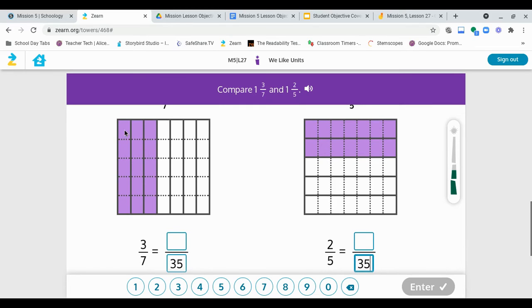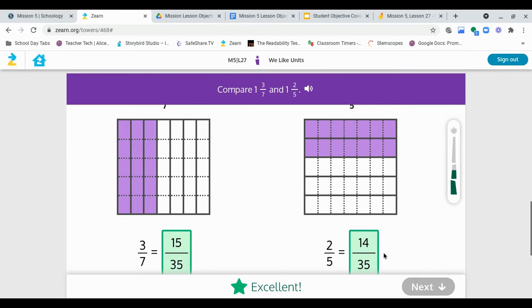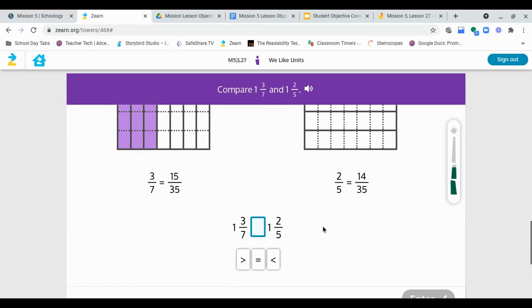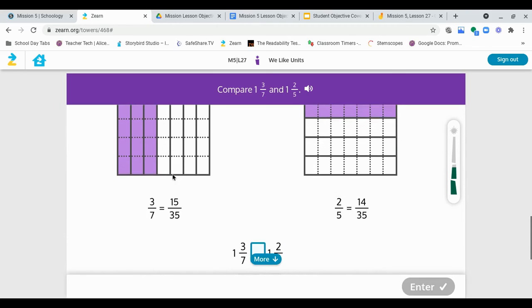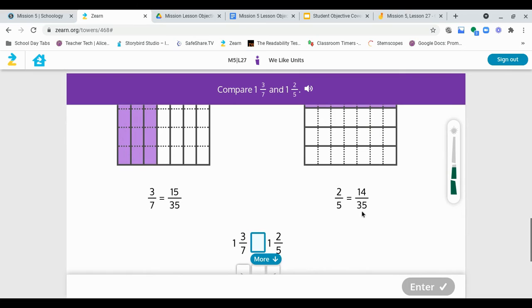How many are shaded? Counting by 3: 3, 6, 9, 12, 15. So 15 35ths. And here I have 1, 2, 3, 4, 5, 6, 7, 8, 9, 10, 11, 12, 13, 14. So I have 14 35ths. Excellent. Now I can compare them, because the 1 3/7 I converted to 1 and 15/35, and the 1 2/5 I converted into 1 and 14/35.